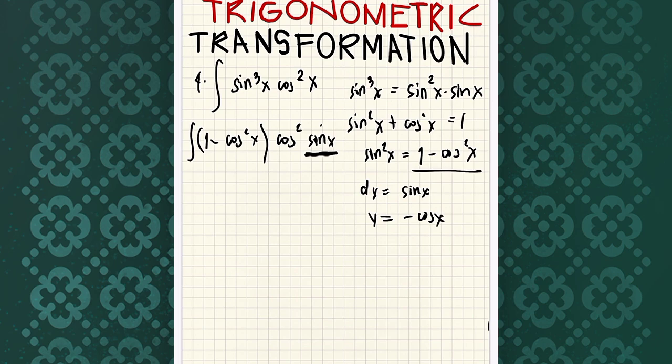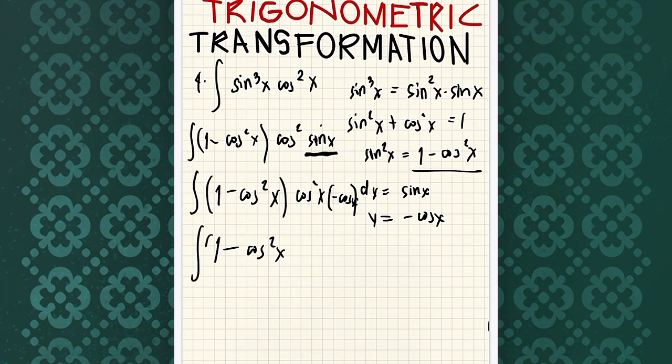So let's change this and turn into negative cos x. So 1 minus cos squared x times negative cos x. So cos squared x times negative cos x, this will become negative cos cubed x.